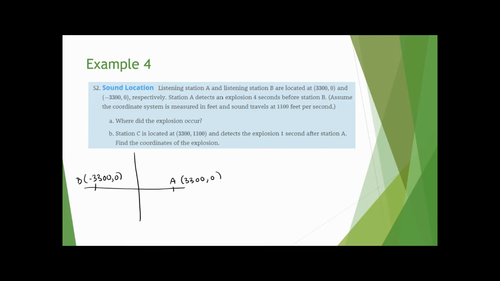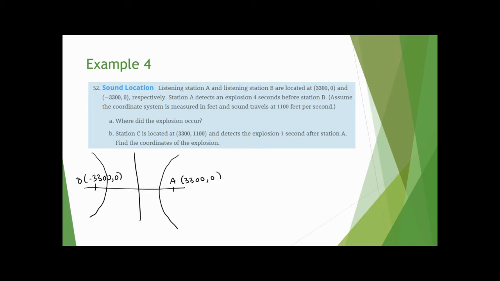When we're given information like this, the explosion is not at the station, so these are not on the hyperbola, these are the foci. We don't actually know where the vertices are. All we know in this case are the foci.